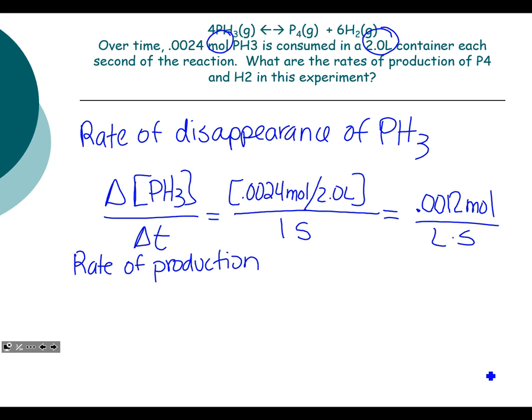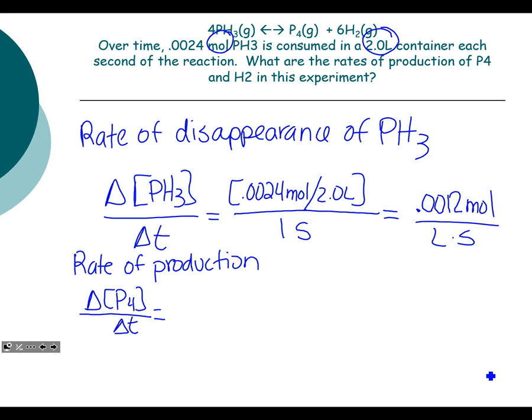And first, we're going to look at the rate of production of our P4. And what we need to do is relate this to the consumption of our reactant. And we said that for every 1 P4 that we make, we need to consume 4 pH 3s.